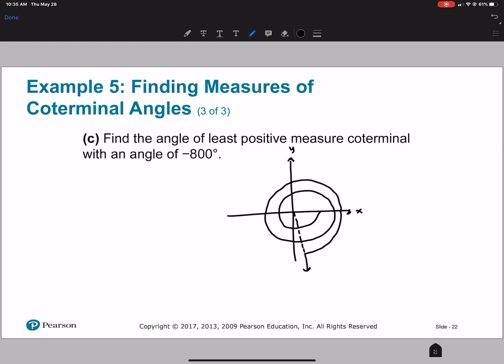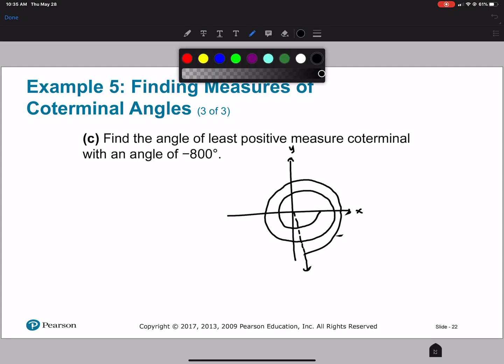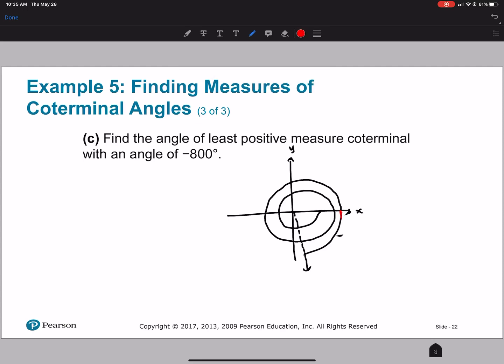So I know that technically from here to here, that's negative 80 degrees. From there to there, that's negative 80 degrees, right? Because I know going all the way around was 720, then I had to add 80 more to get to the 800.